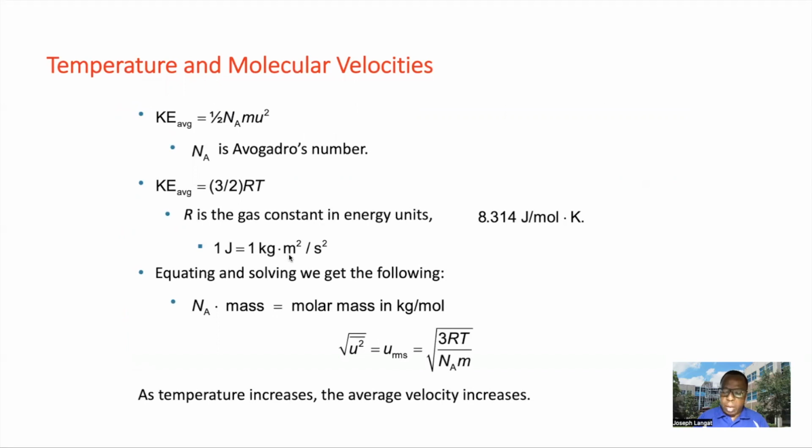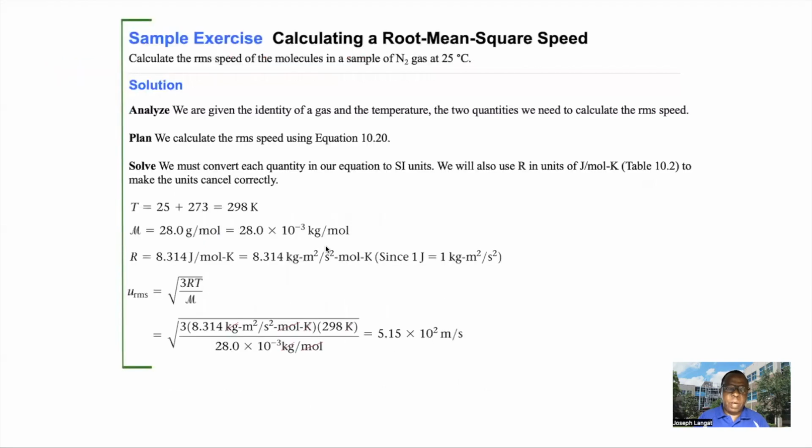It's just the same numerical value, because 1 joule is the same as this. That's why we have this value. We didn't change anything. And this is the root mean square speed for gases. Remember, we're looking at the velocities of gases in relation to the temperature.